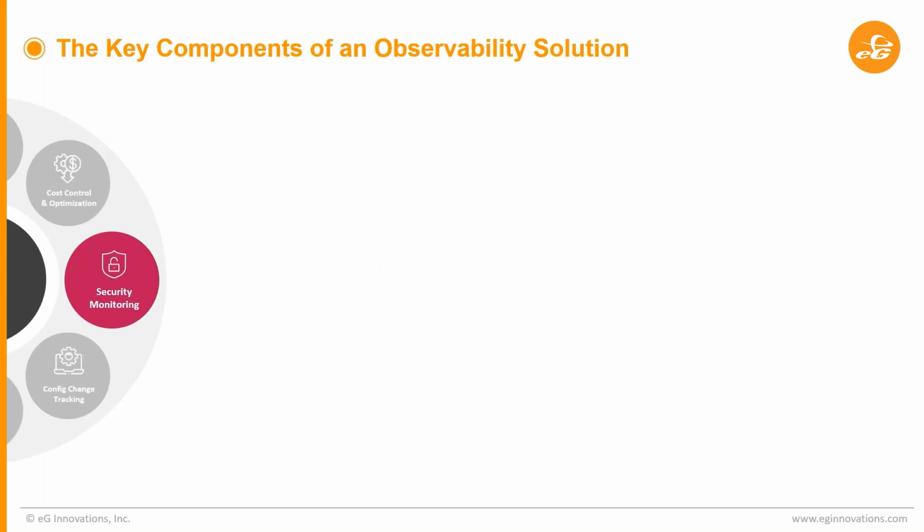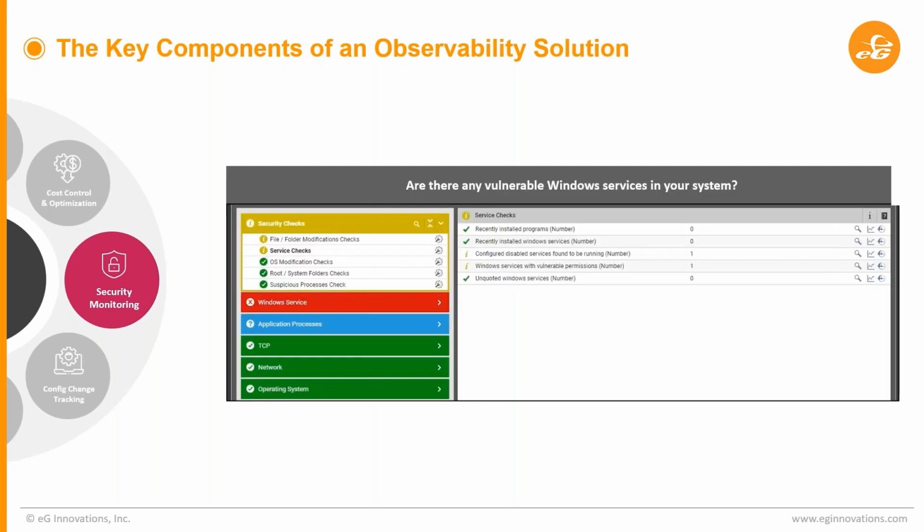More and more these days, observability also has to encompass security, because there are changes. If you have an agent on a system, you have the ability to look for simple checks within that environment that can give you early warning indicators of potential problems. So for example, looking at the Windows services on a Windows operating system to see if those services may have vulnerable permissions.